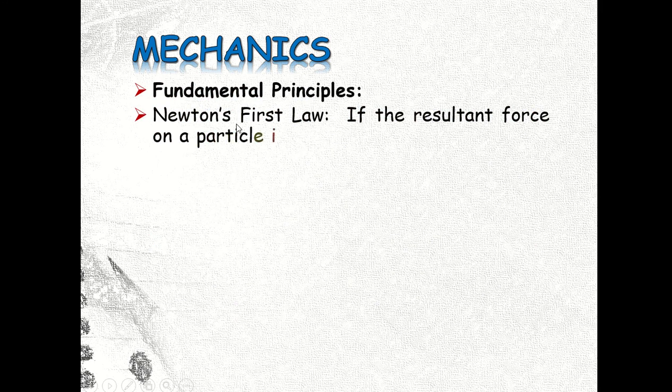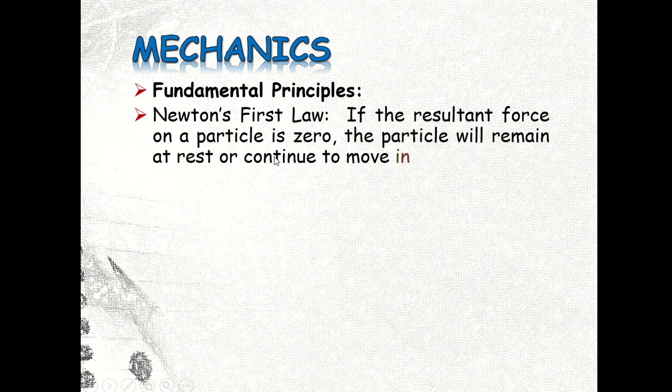So we have here Newton's first law. Just to give you a bird's eye view of Newton's first, second, and third laws. Newton's first law: if the resultant force on a particle is zero, the particle will remain at rest or continue to move in a straight line. Alright, so this is Newton's first law.